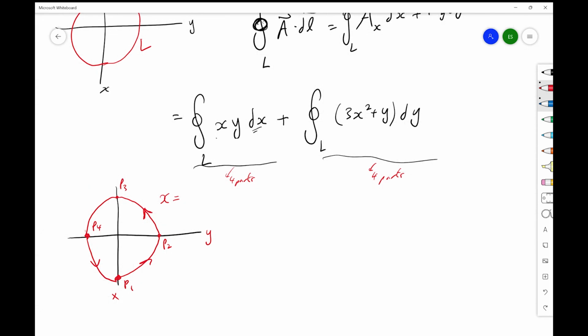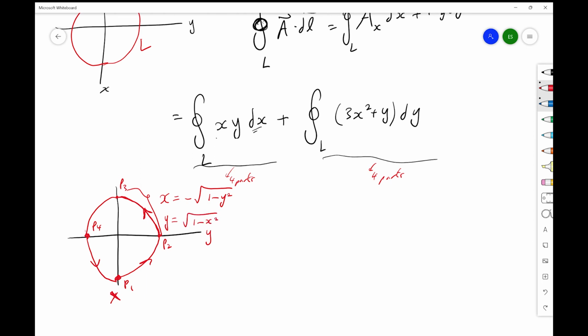Because x is negative here, while positive x is here and positive y is here, x is going to be minus square root of 1 minus y squared. This is how x is a function of y along this arc. And then for y, in this case, it's going to be the square root of 1 minus x squared.